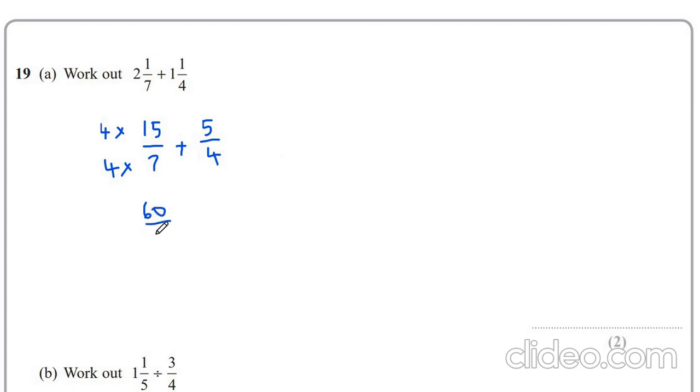That's going to give us 60/28. And to this fraction, we multiply both by 7. 35/28. So now that the denominators are the same, we can add the numerators, and that will give us 95/28.